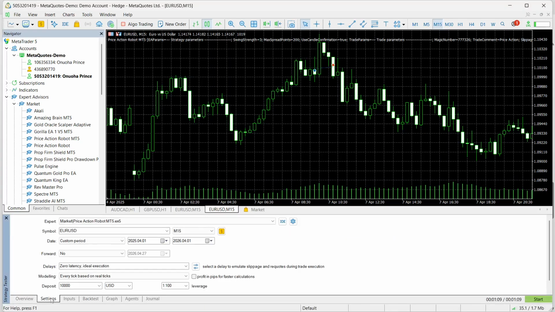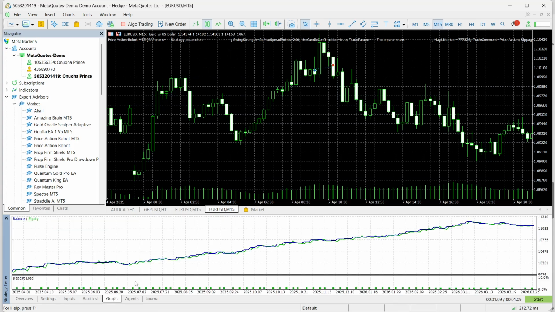MT5. So I use the recommended pair, the EUR/USD, on the recommended time frame as well, M15, for a custom period of 1 year, ranging from the 1st of April 2025 to the 1st of April 2026. And for an initial deposit of $10,000, I got an equity curve that looks like this.